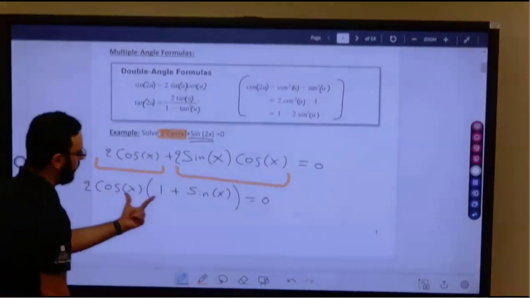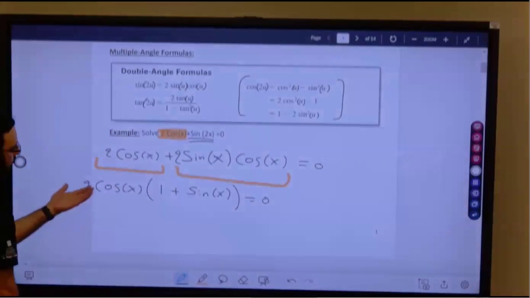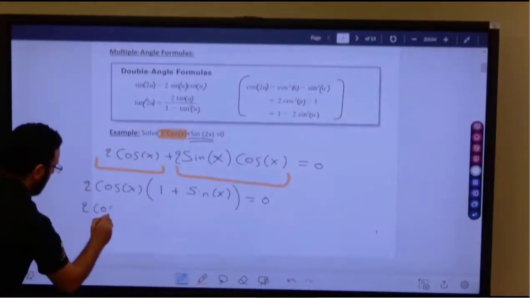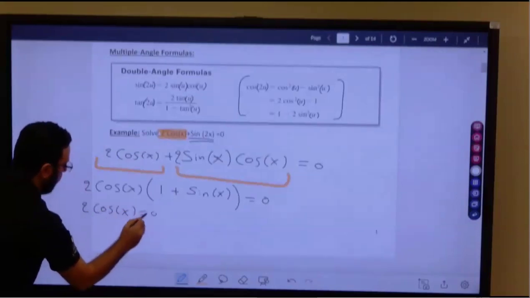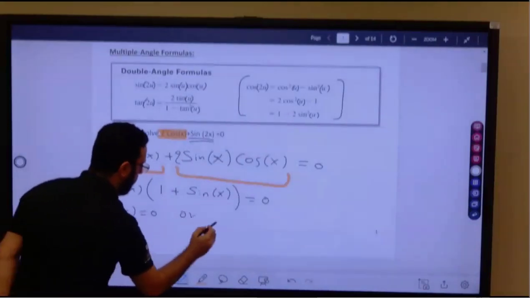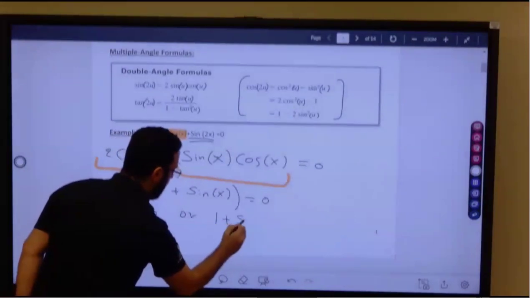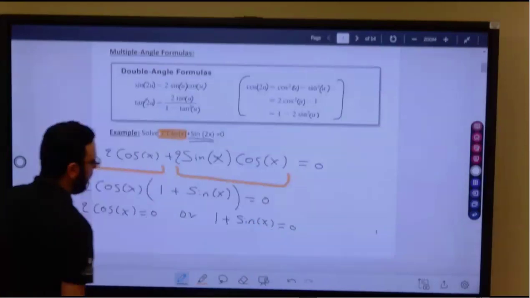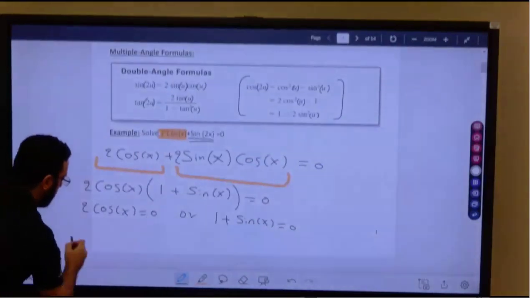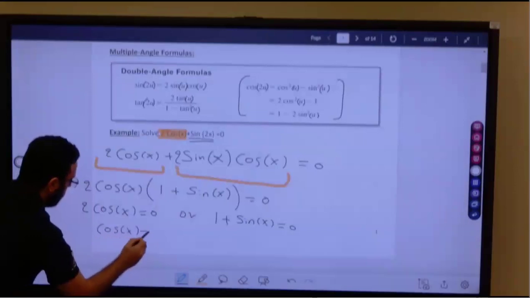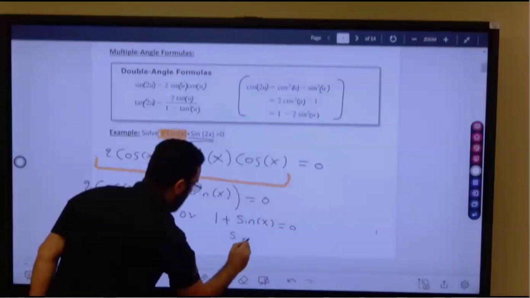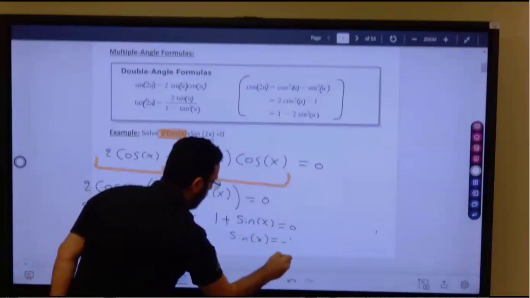Now by using the zero product property, maybe 2 cosine x equals 0, or 1 plus sine x equals 0. That means in this case, divide both sides by 2, so cosine x is going to be 0. On this side, sine x equals negative 1.